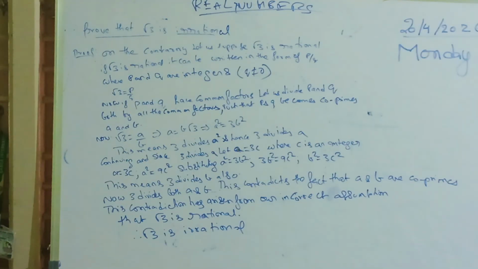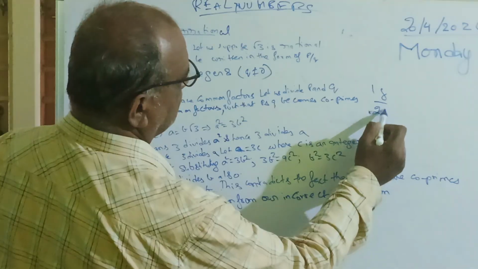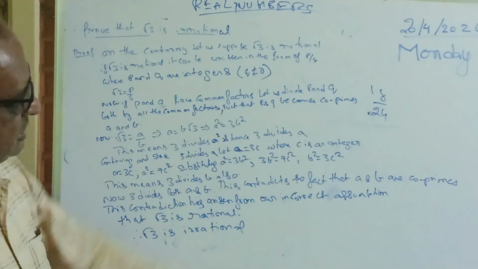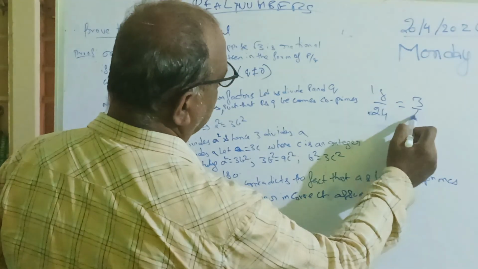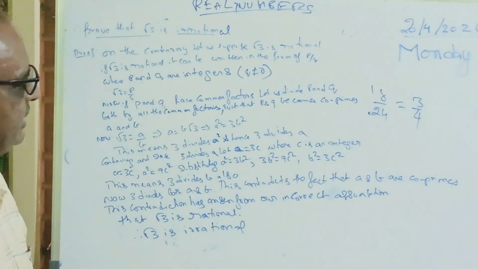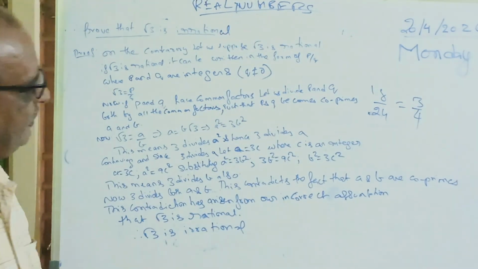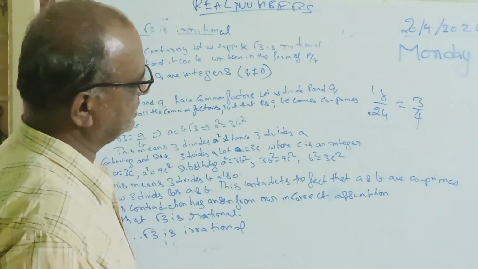For example, take 18 by 24. If this reduces to its co-prime form, it becomes 3 by 4. 3 and 4 are co-primes. So we have divided by all the common factors.